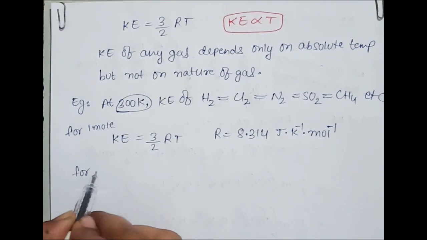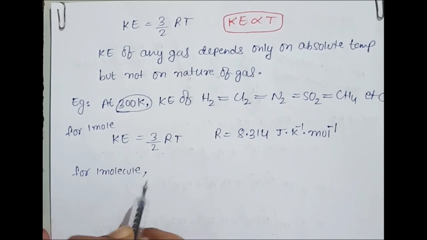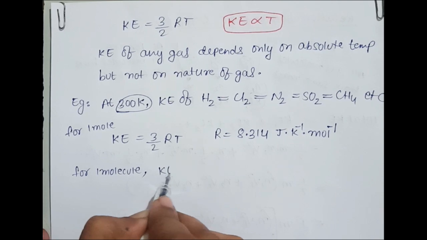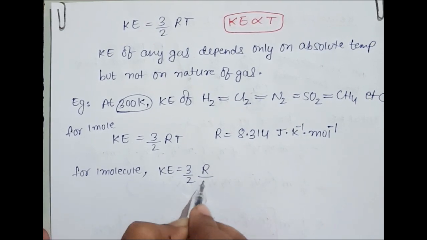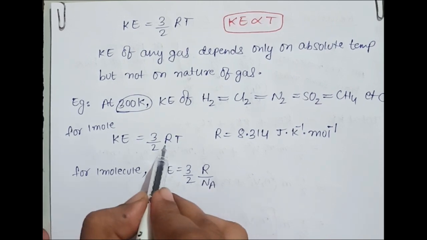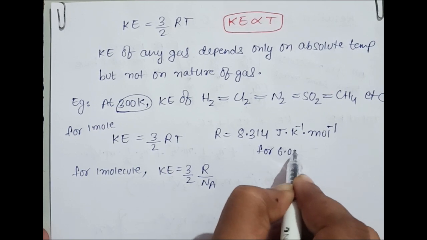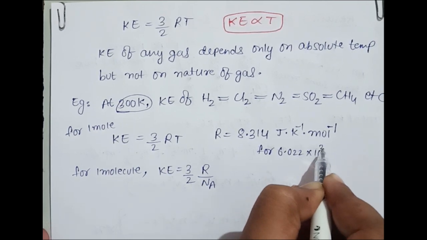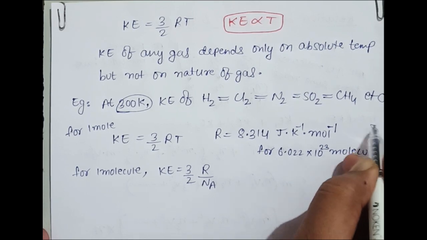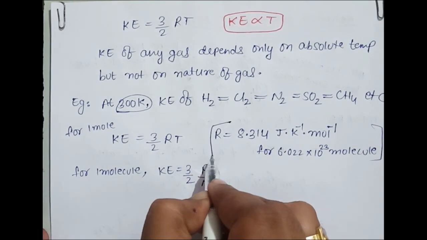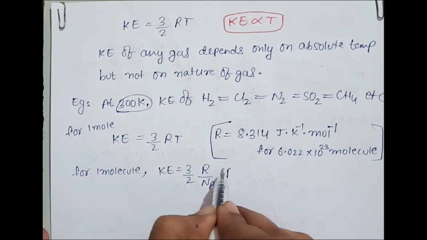But if I want it for only 1 molecule, then kinetic energy will become 3 by 2 R divided by Avogadro number, because this is the value for 1 mole, that is 6.022 into 10 power 23 molecules. For 1 molecule, I have to divide by Avogadro number, into T.